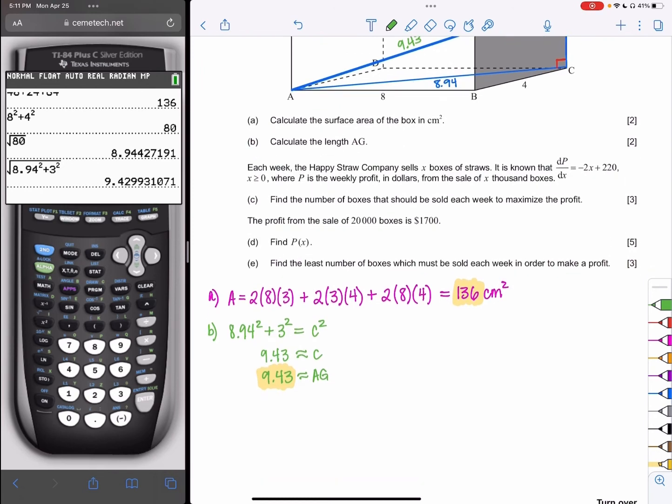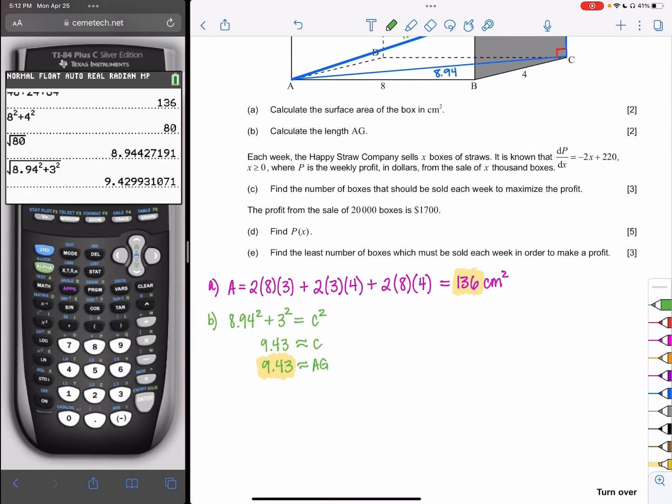So for part C, I already know that my derivative is negative 2x plus 220. And if I set that equal to 0 and solve for x, I will end up getting negative 2x is equal to negative 220, and divide both sides by negative 2. And negative 220 divided by negative 2 is 110.